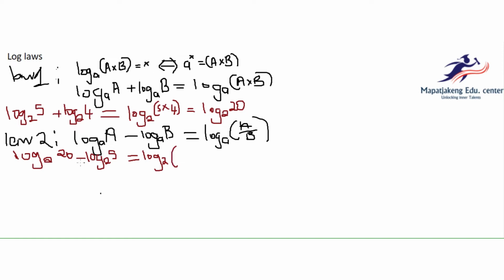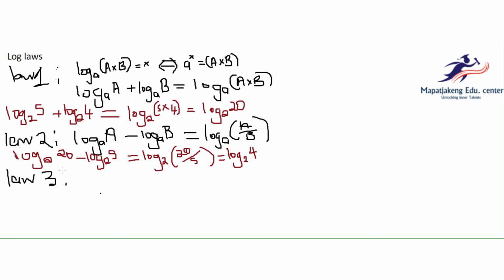Then because we are subtracting here, our a is 20 divided by our b, which is 5. This will be equivalent to log base 2 of 4. Makes sense now. Why 4? 20 divided by 5 is 4. Which leads us to the third law of logarithms.